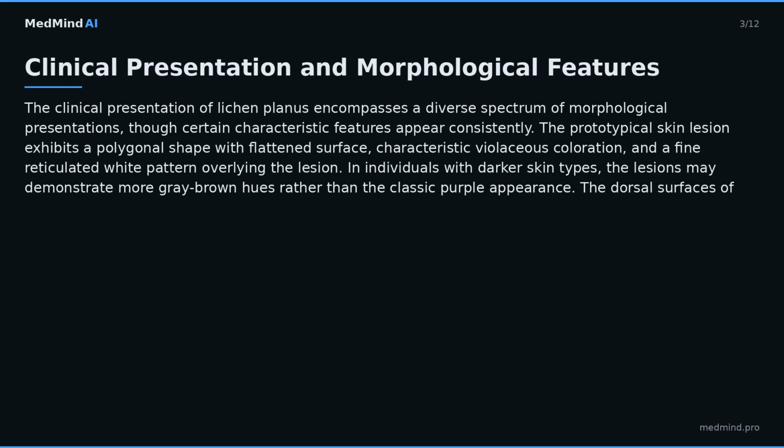Clinical presentation and morphological features. The clinical presentation of lichen planus encompasses a diverse spectrum of morphological presentations, though certain characteristic features appear consistently. The prototypical skin lesion exhibits a polygonal shape with flattened surface, characteristic violaceous coloration, and a fine reticulated white pattern overlying the lesion.